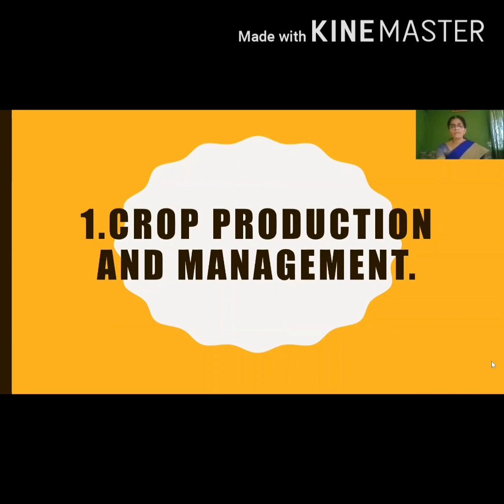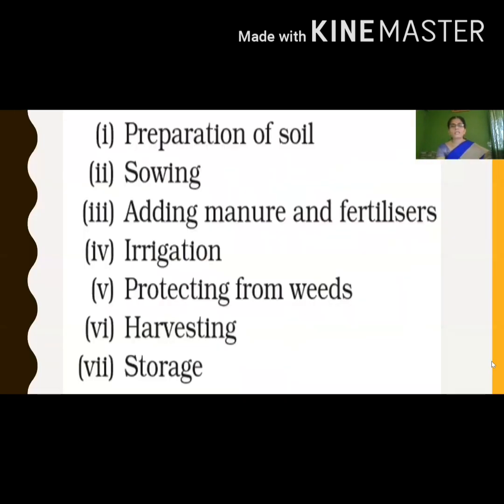In this chapter, we have learned about different agricultural practices or steps like preparation of soil, sowing, adding manure and fertilizers, irrigation, protection from weeds, harvesting, and the final step, storage.